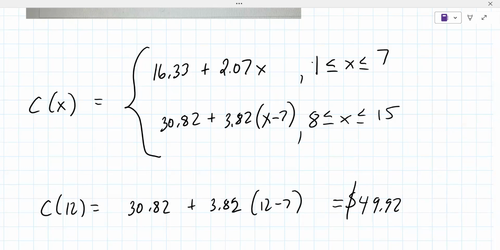You might want to throw those units in. Let me know when you're ready to move on to question 4.